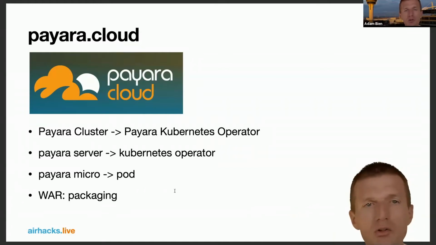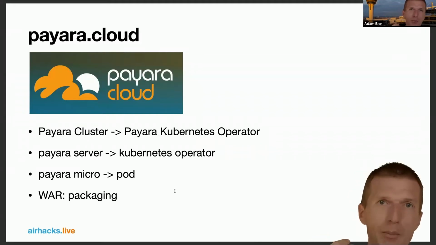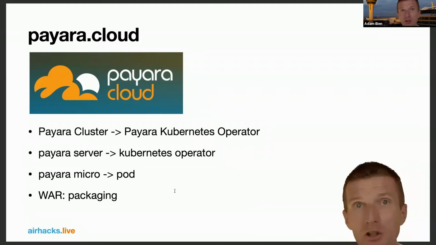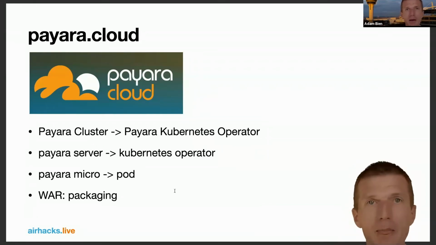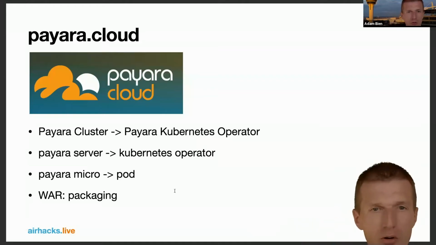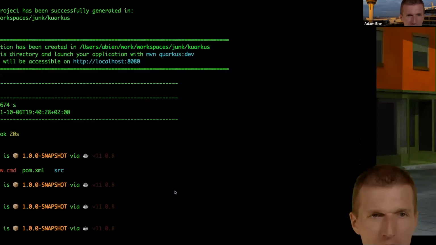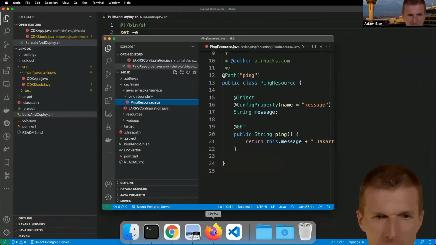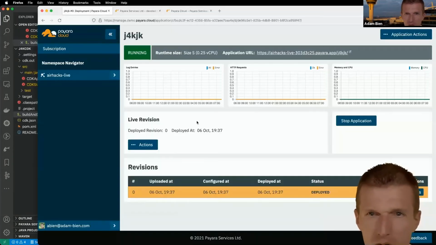So what it means is you can deploy an app to Kubernetes without noticing that. I already did it before the slides. I pushed a war to Payara Cloud, and hopefully it will work right now. And I think this is enough time for the DNS. And wait a sec, where is my browser here? And let's see.